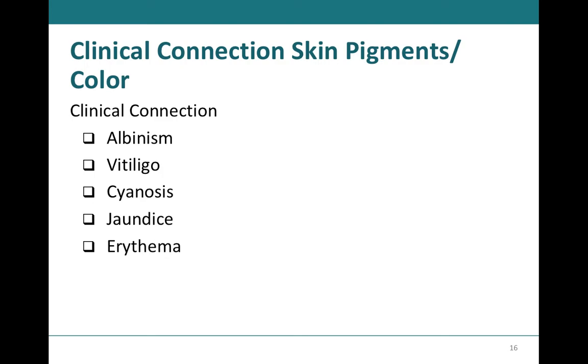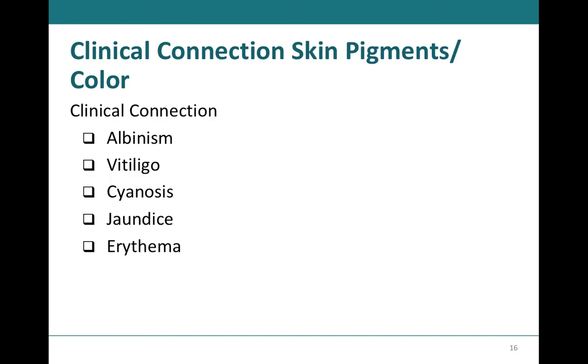And then also cyanosis, jaundice, and erythema. These are things that can give us clues, as they are sometimes signs of what may be going on internally. Cyanosis is a bluing of the skin. If you don't have adequate oxygenation, then your skin may begin to turn blue.